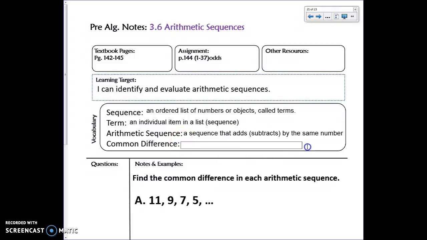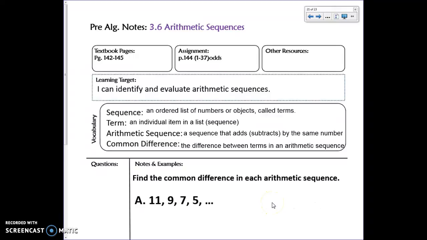And that same number is called the common difference. It's the difference between terms in an arithmetic sequence. Alright, so I think this will make a little more sense once we jump into the actual work here.